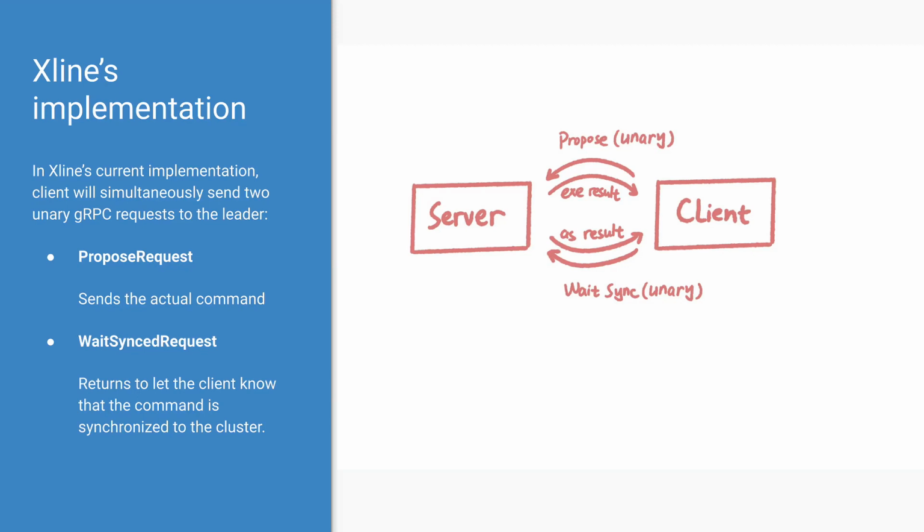It will return to let the client know that the command is committed, and it is only used if a conflict is detected. And the leader provides an execution result and an after-sync result in response to the two requests respectively.